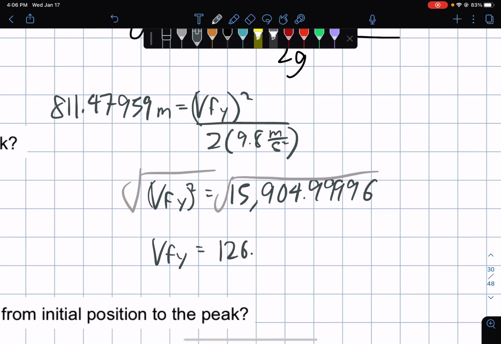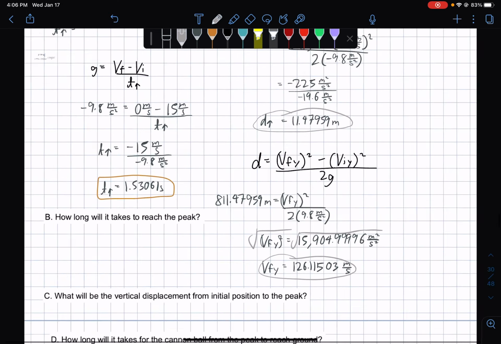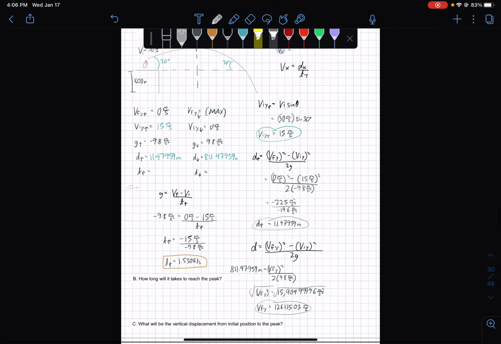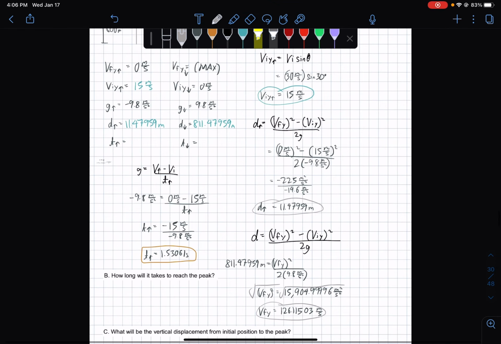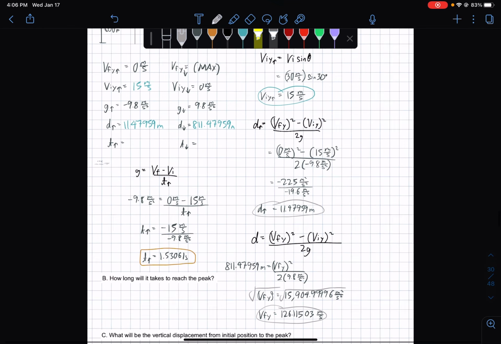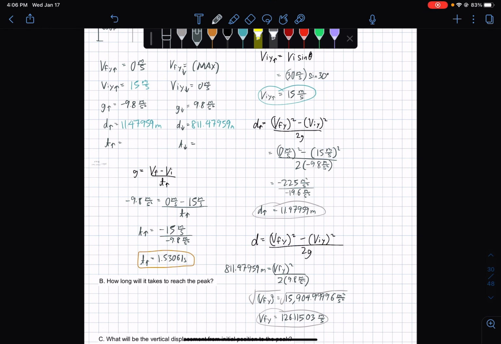VFY is 126.11503 meters per second. Sheesh, I didn't write the units. Okay. Wait, this is not the final answer yet, so I'm not writing it in brown. Okay, that's a lot. The velocity going down is so big compared to VIY going up.